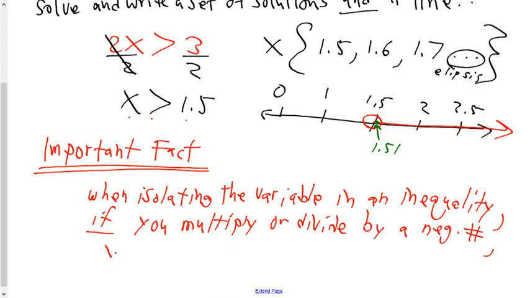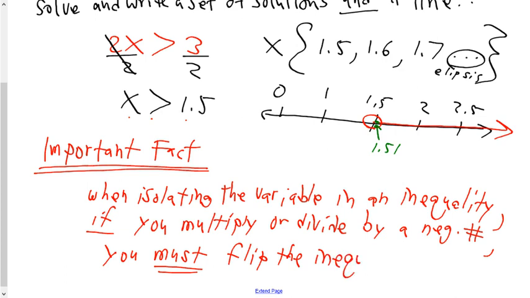You must, double underlined, flip the inequality sign. Okay, that's your most important fact for this chapter. If you can remember that, you will never make mistakes and you'll get 100% of the exam, I guarantee it.